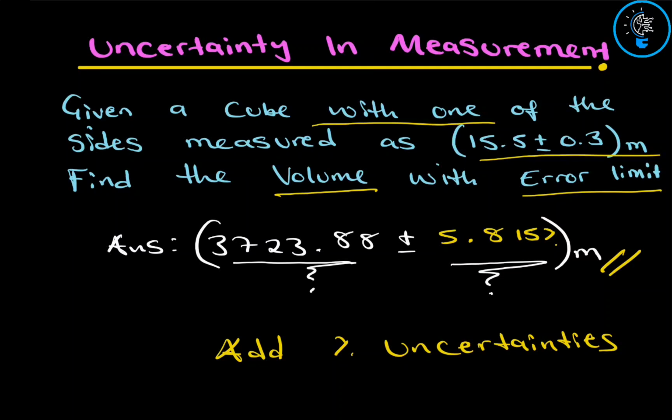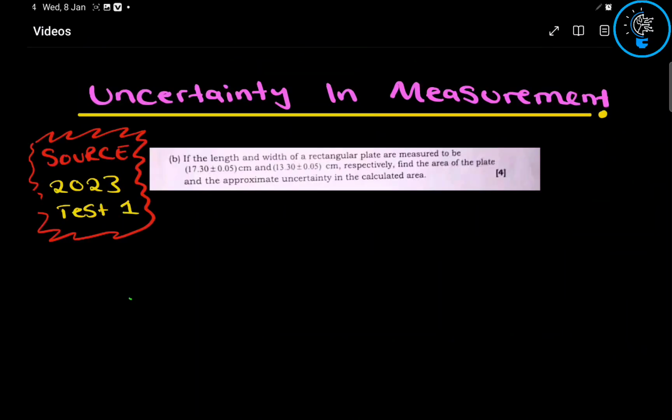Okay guys, let's now handle some exam questions. Let's handle some exam questions now that we've understood all the rules that govern uncertainties operations. Okay guys, we have this question from 2023 test 1.